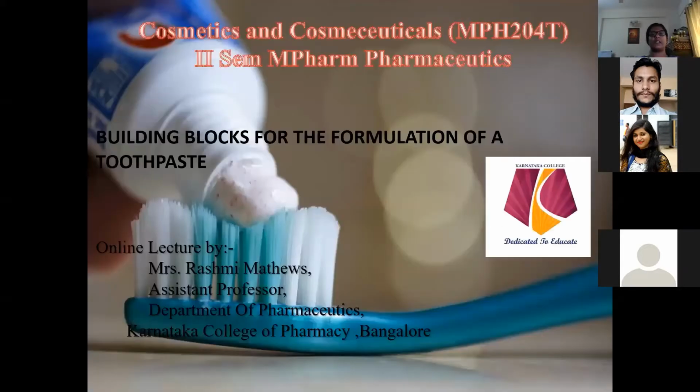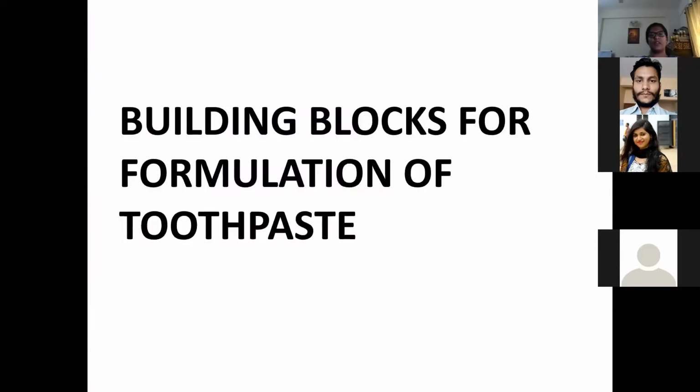First we will deal with the formulation of a toothpaste. What are the building blocks? Toothpaste is commonly used in the oral cavity, and brushing twice a day is very important for maintaining oral hygiene. So we will discuss the formulation of a toothpaste.